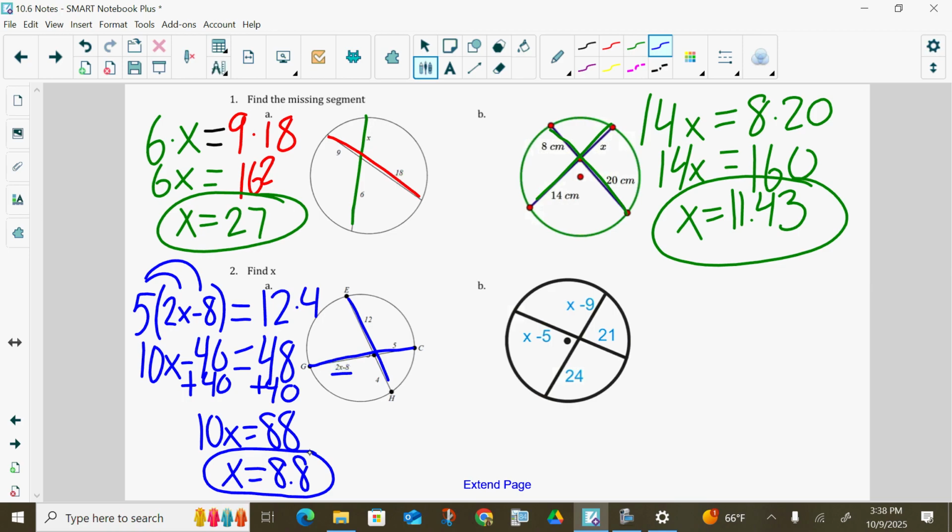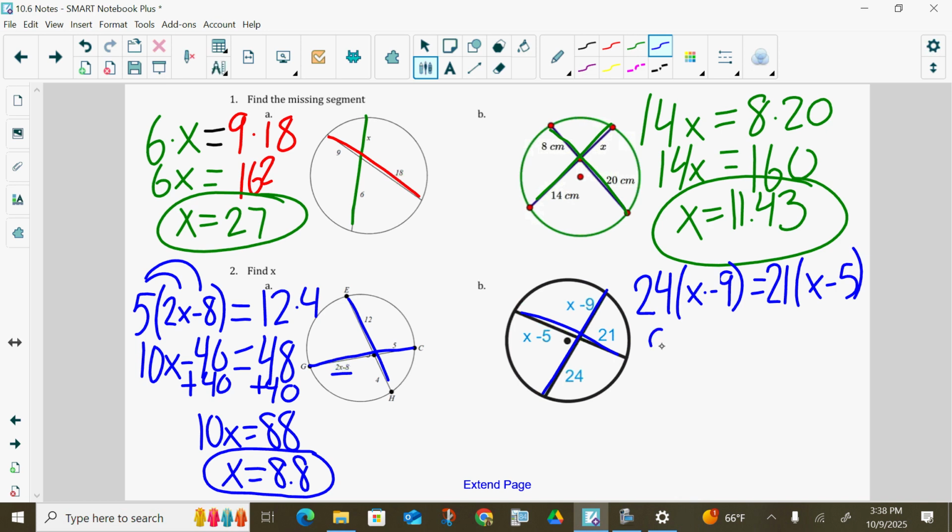Sweet. Now that you tried B on your own, let's go over the answers. So one of our chords is split up into 24 and x minus 9. So 24 times x minus 9 on one side, and 21 times x minus 5 on the other side. I'm going to have to distribute on both sides now.